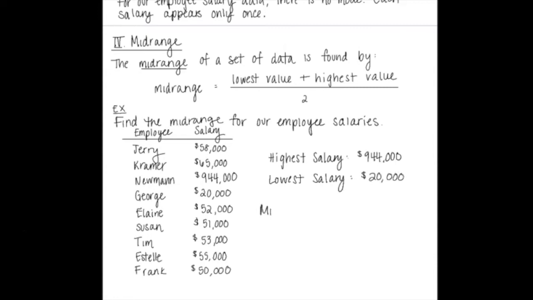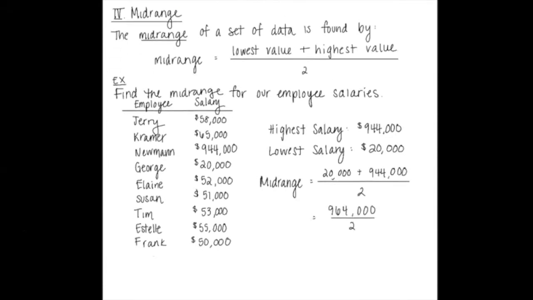Okay. So the mid-range is going to be the sum of these. So $20,000 plus $944,000 divided by 2. So if you add those together, that's $964,000 divided by 2. The mid-range is $482,000. So realistically, he could have put this as the average salary on his flyer, but definitely not realistic.